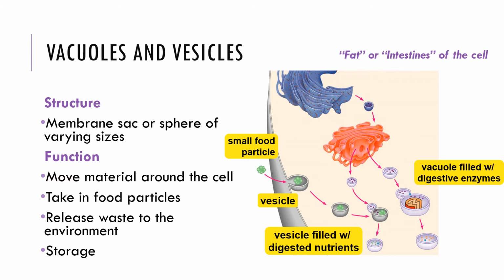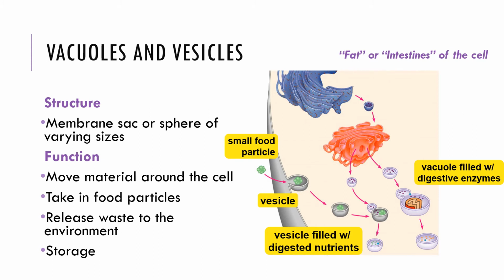Depending on the size and the function, it's either a vesicle or a vacuole. Vacuoles tend to be in plants. They tend to be very large and they'll store water. Vesicles tend to be used to move things around the cell. They'll be much smaller, they'll do their quick job, and then they either become a part of the Golgi, the cell membrane, or some other membrane organelle.